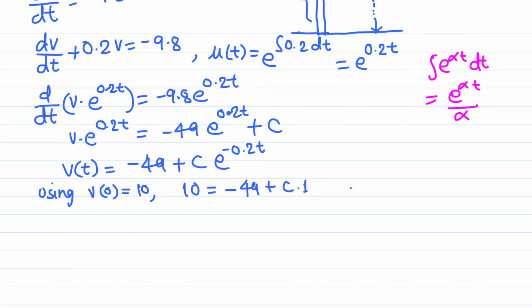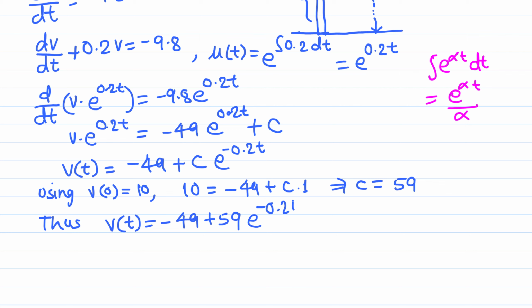Add 49 to both sides, so c equals 59. Thus we have the velocity at any time. The velocity function is negative 49 plus 59 e raised to negative 0.2 t. I'm going to label this equation 1 for future reference.